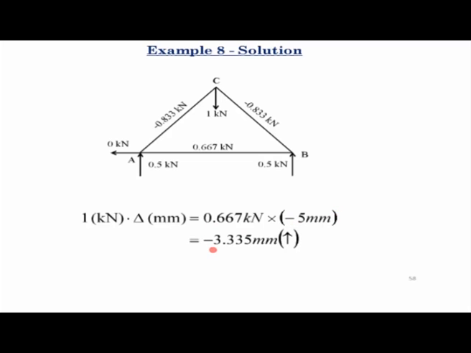So it comes out to -3.335. Here it is minus, and the virtual load was assumed to be in the downward direction. Since the answer came out negative, the vertical displacement of this joint due to the fabrication error in this member will be in the upward direction, and the magnitude of that displacement would be 3.335 millimeters.